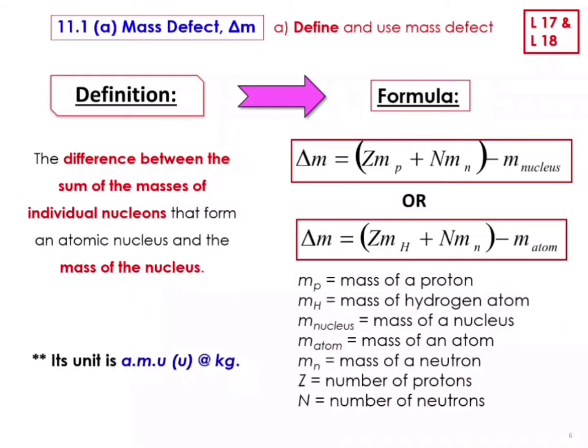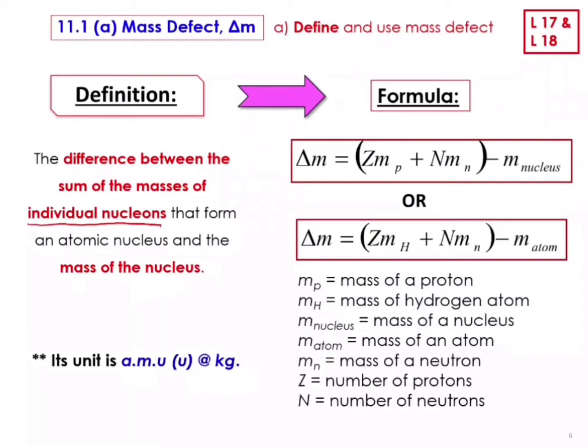The definition of mass defect is the difference between the sum of masses of individual nucleons. So we add up the electrons, protons and neutrons in the nucleus, then take the difference from the mass of the nucleus itself. The unit is either in AMU or u, or in kg.